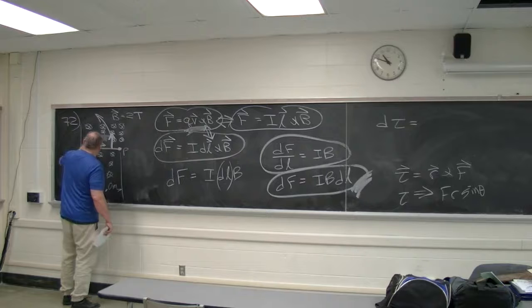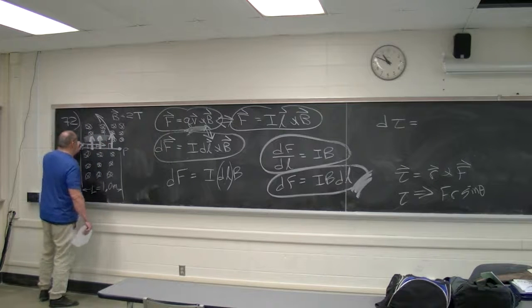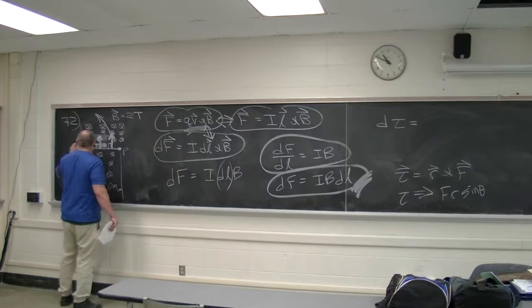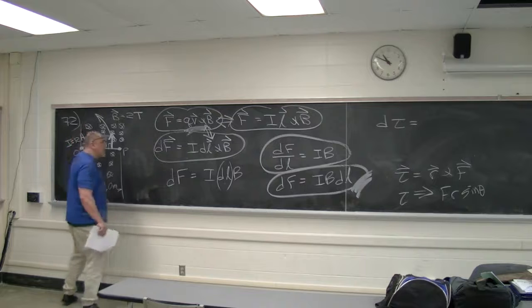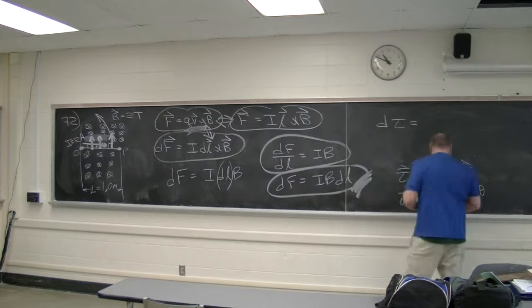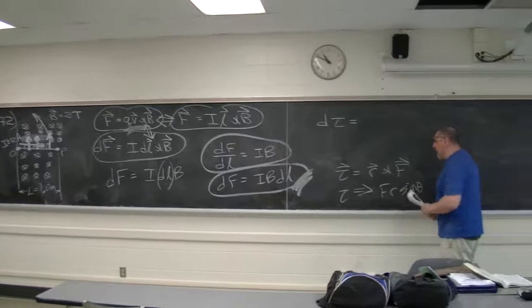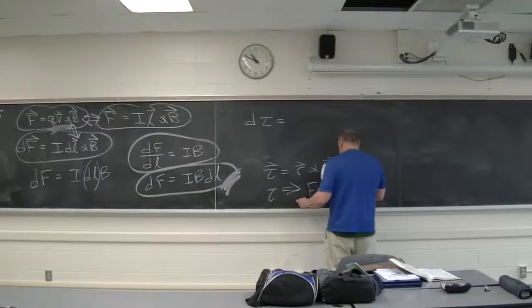In all circumstances, they are perpendicular. So if you do a cross product, you're talking about the sine of 90 degrees. And this is I, and we said I was going to be 12 amps. Because the sine of 90 degrees is 1, it's going to be F times R. So torque is going to be F times R.